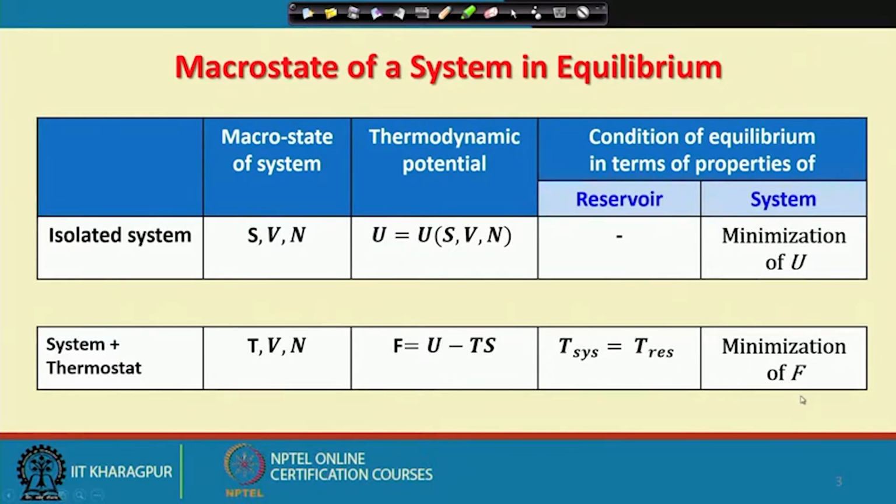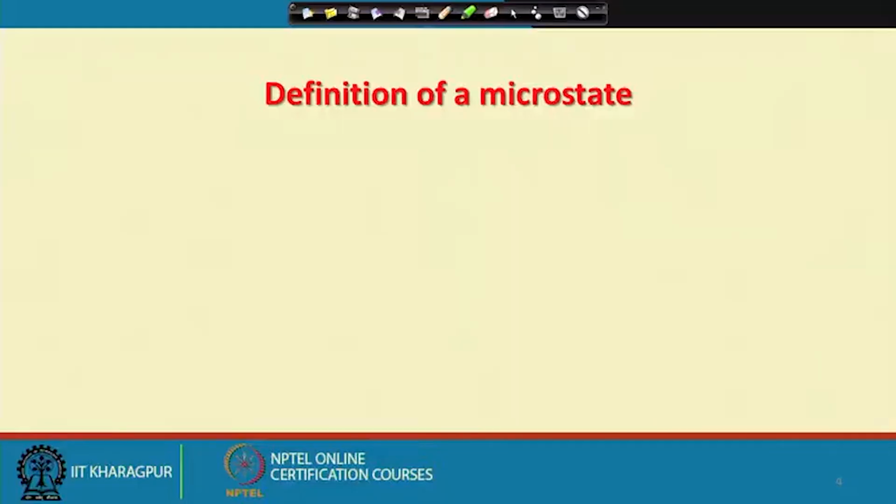Now, with this idea of description of the macro state in mind, we go and look for how I define the microscopic state of a system. So, once again, your system is the same. It may be a box full of gas or a completely sealed bottle of some liquid.